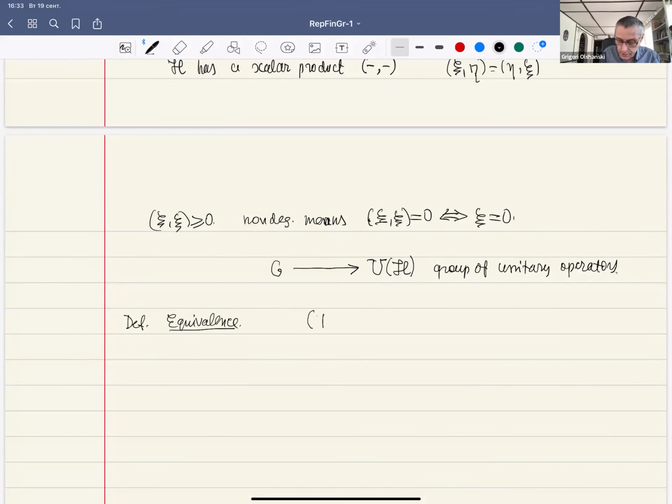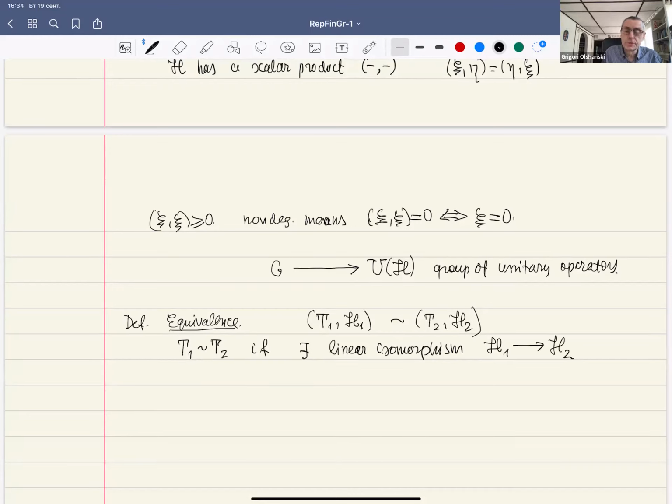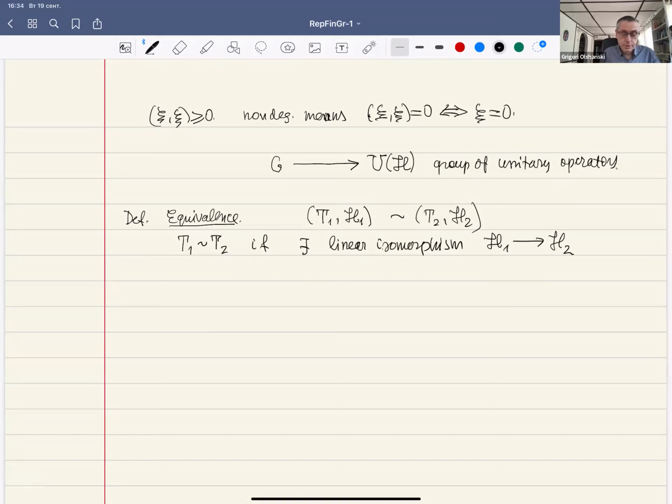If you have two representations, T1 on H1 and T2 on H2, we say that they are equivalent and write this as T1 tilde T2 if there exists a linear isomorphism between the spaces such that it transforms one representation to another one, which means that we have a commutative diagram.